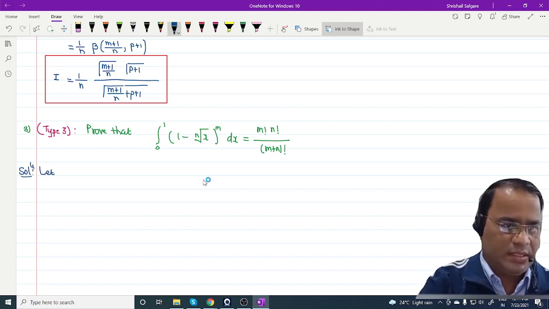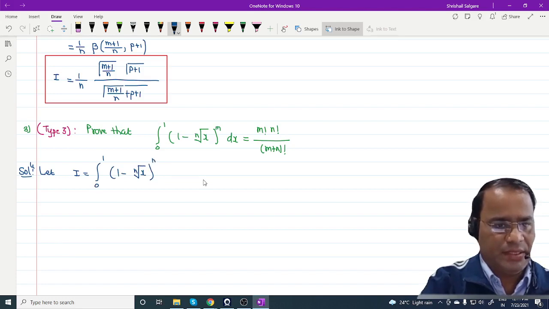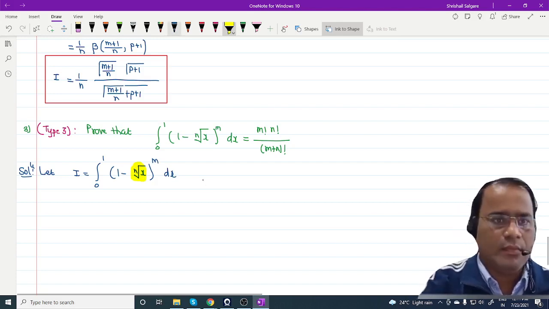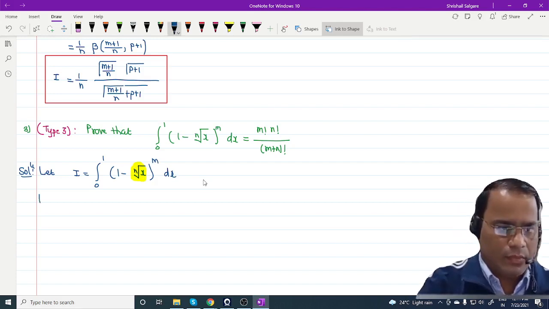So let I be the integral 0 to 1 of 1 minus nth root of x. Our target is to obtain 1 minus t raised to m dx. So what is your substitution? Put nth root of x is equal to t.